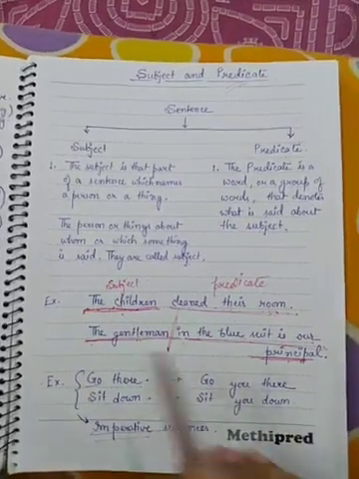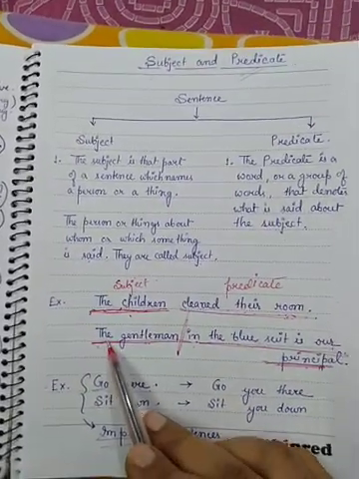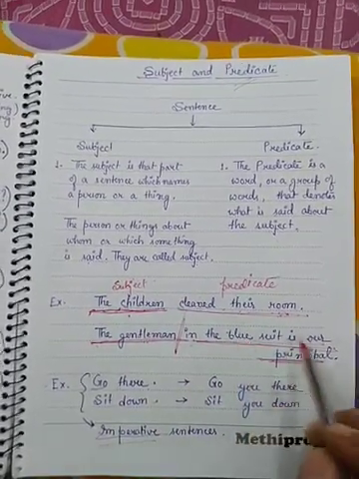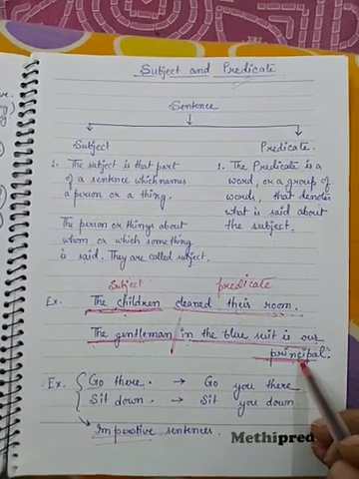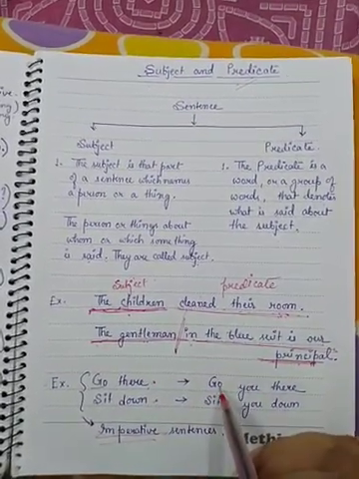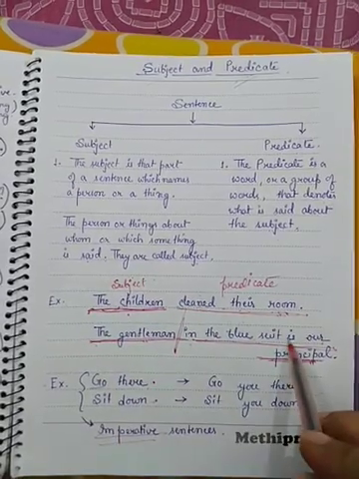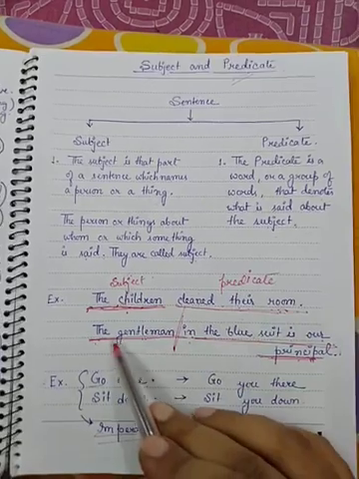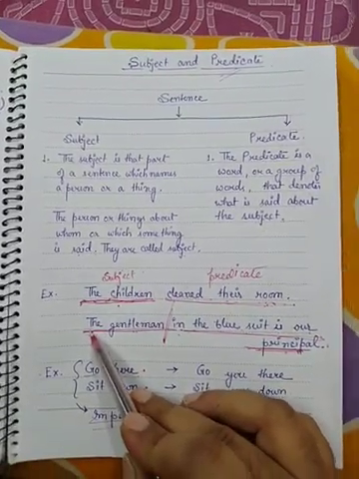In the same way, in the next sentence you can see, the gentleman in the blue suit is our principal. So here it's a sentence. All the words are properly arranged, it has a full stop at the end, and begins with a capital letter, that is the.